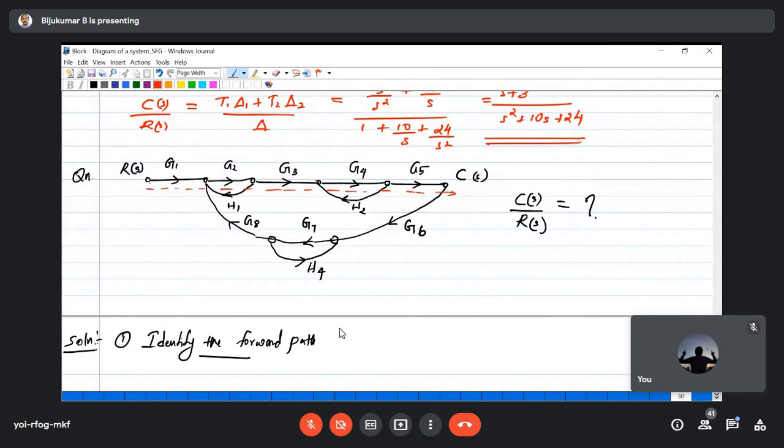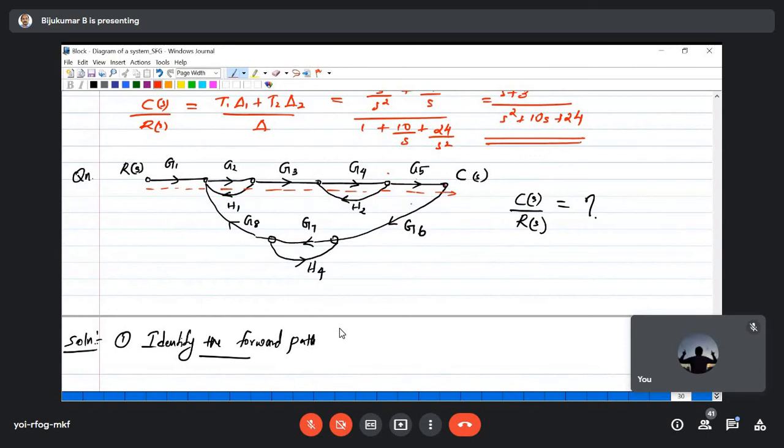Only one forward path exists, because if you go like this, you cannot go like this. Here, this is a feedback. After reaching this point, you cannot go like this. If you come back, it is not a forward path. Again, the last branch also.